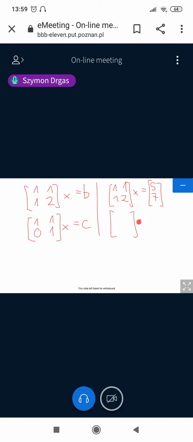So x is a vector here, and similarly to the left-hand side, we need to subtract the first row of this matrix from the second one, and we also need to subtract the first element from the second one. So then we will obtain 7 minus 5 is 2.